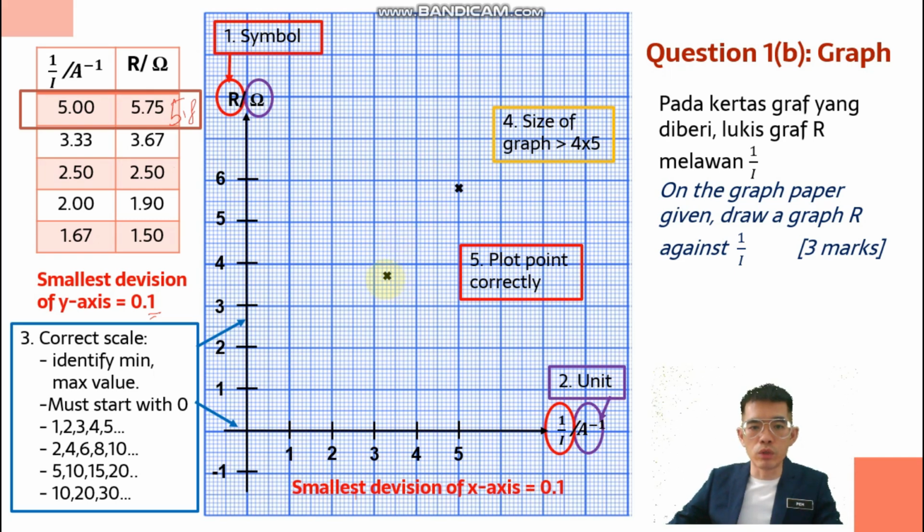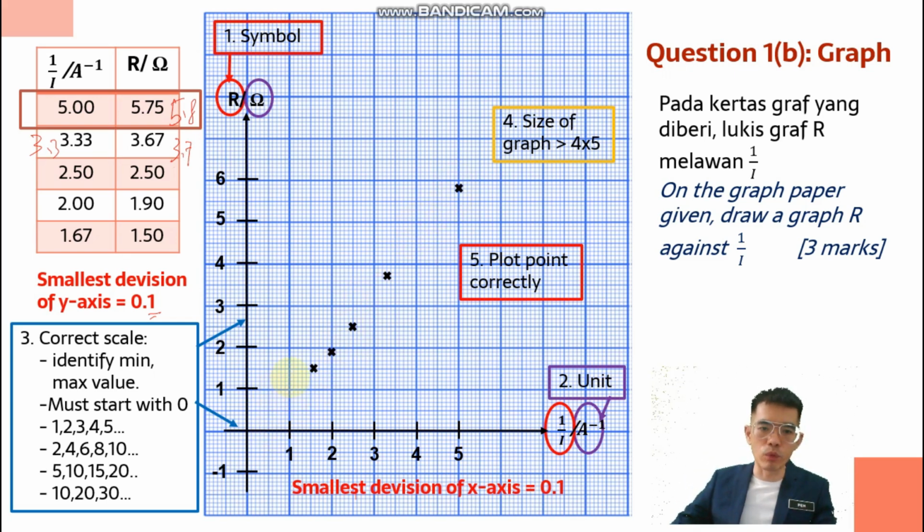For the second value, it's the same. We round off 3.33 to 3.3 for the x-axis, and the y-axis 3.67 we round off to 3.7, and then we get this point. The method is the same for the other 3. So you will probably get these 5 points here.